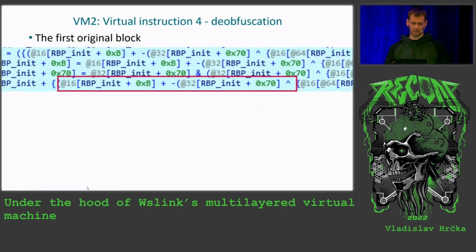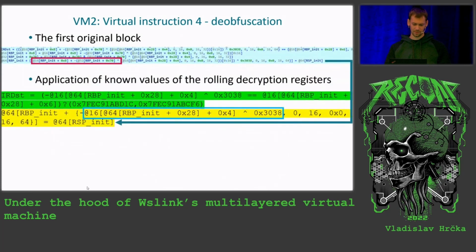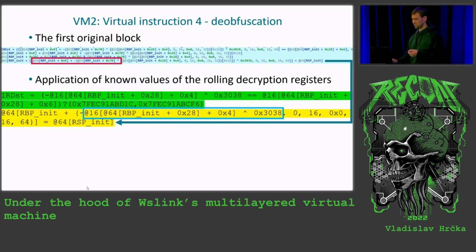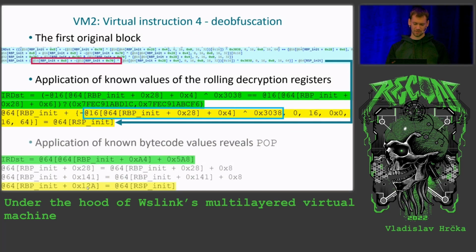If we look at the first block and see this expression, we can apply the values of the rolling decryption registers and get a somewhat simplified expression. But now we see that there's still a reference to the virtual program counter, and if we apply operands that are known, we can simplify the expression even more.